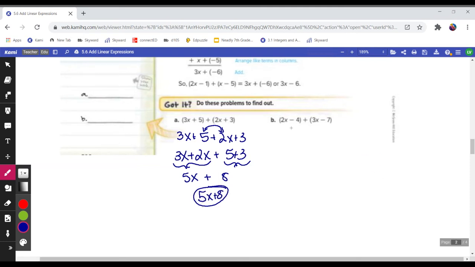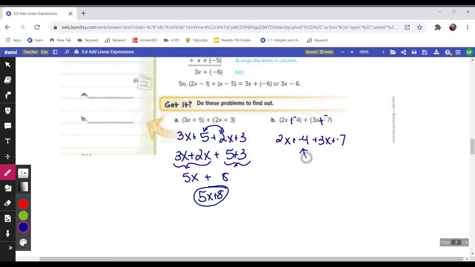Letter B, we have the quantity 2x minus 4 plus the quantity 3x minus 7. So I'm going to start by adding and making that into a negative 4, add and make that into a negative 7. So 2x plus negative 4 plus 3x plus negative 7.